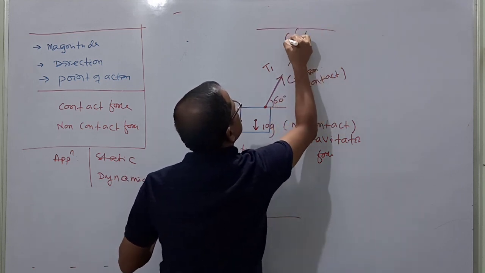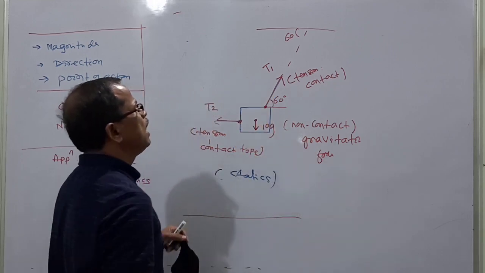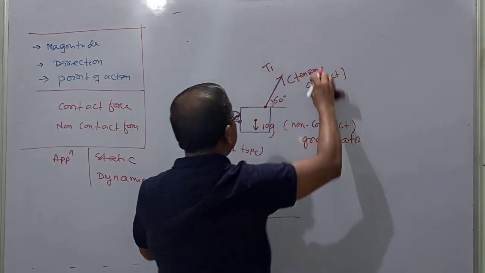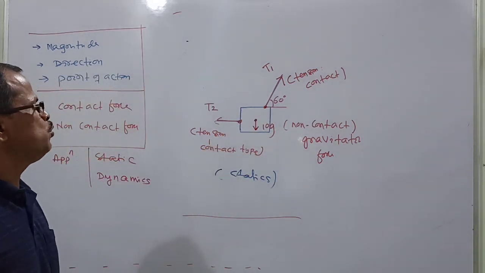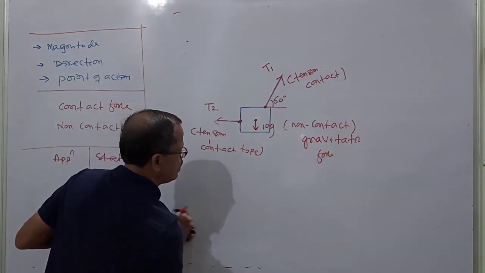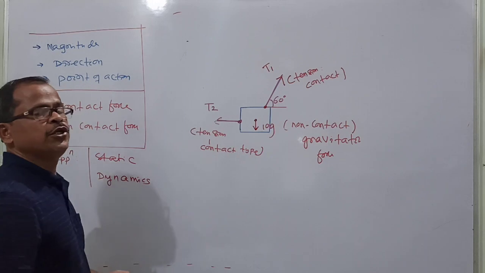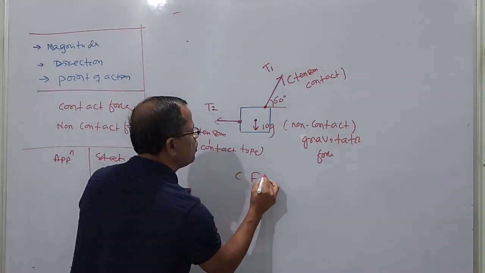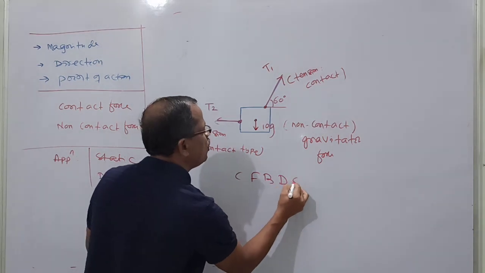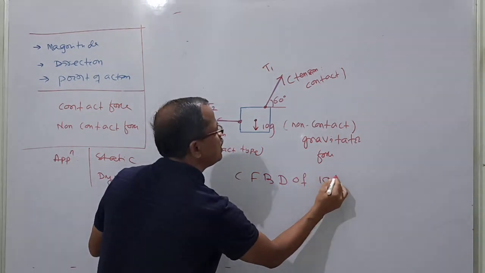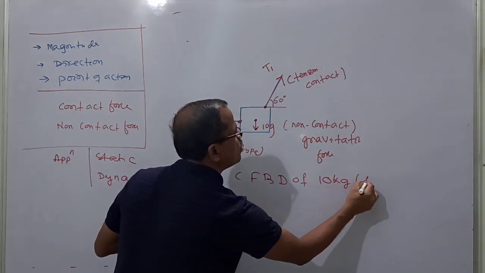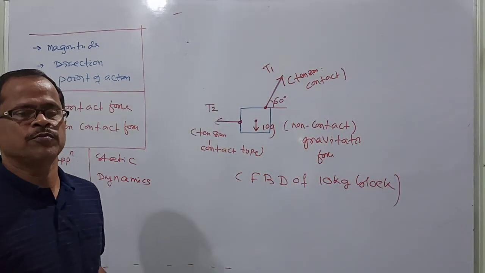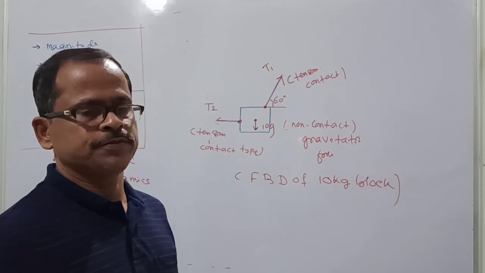Now this representation of the body with the forces shown is called the free body diagram of the 10 kg block.